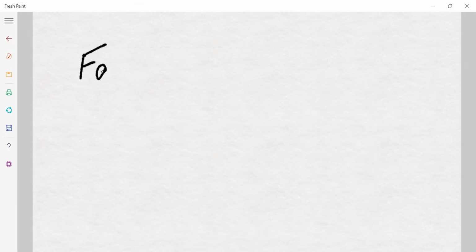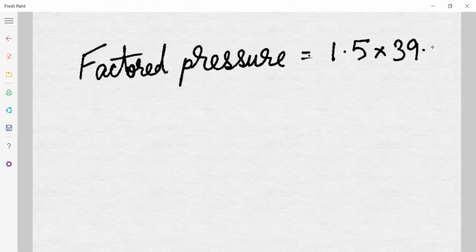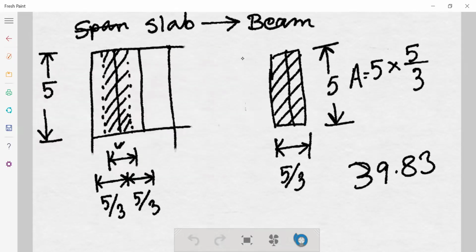Factored pressure is equal to 1.5 into 39.83.